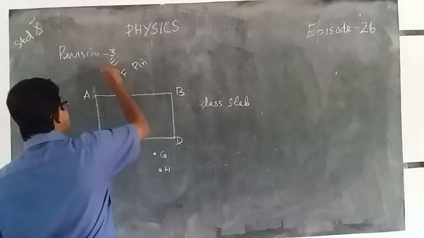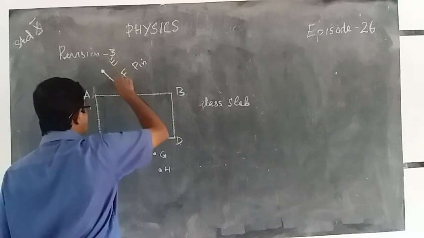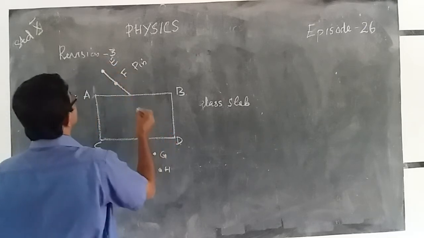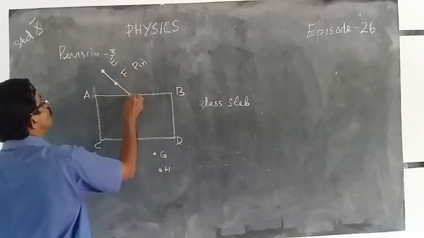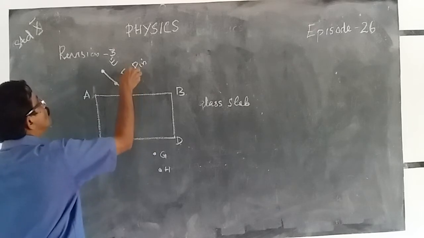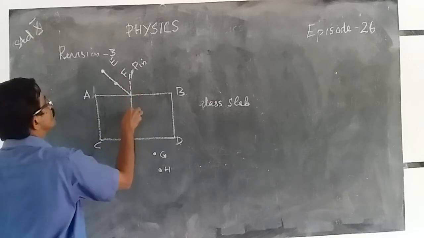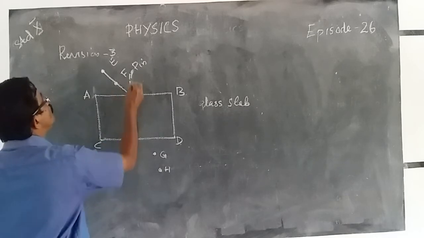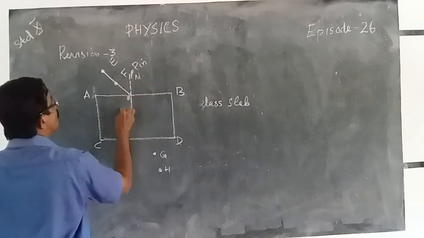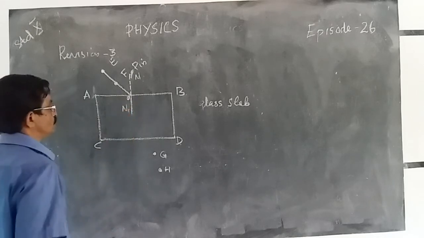Now join this with the line. Suppose here we draw a perpendicular at this point. This is the perpendicular N dash.